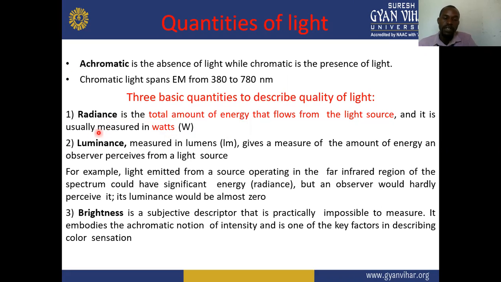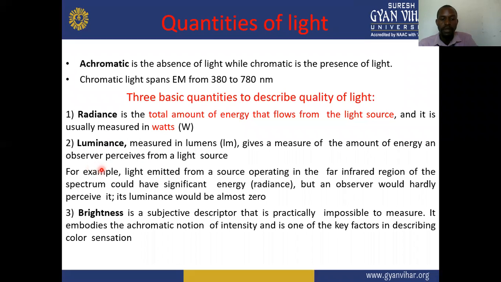The next we have is luminance. So luminance is measured in lumen. Luminance refers to the measure of the amount of energy an observer perceives from the light source. When you see an object, the amount of light that the observer is able to receive or view with his eyes is what is referred to as luminance.